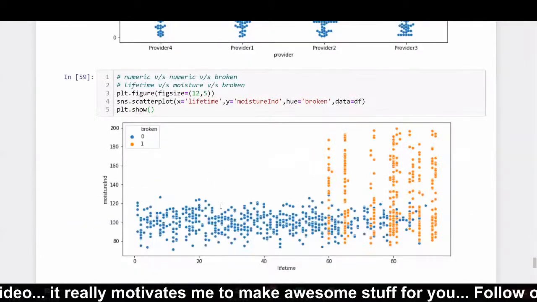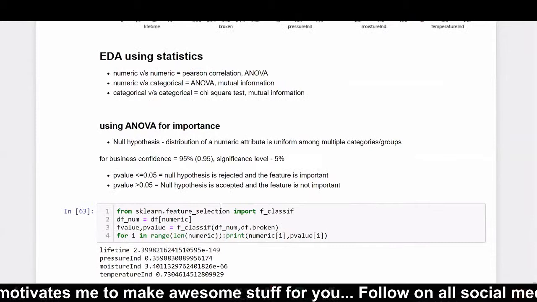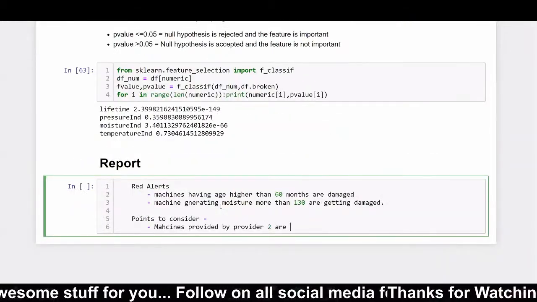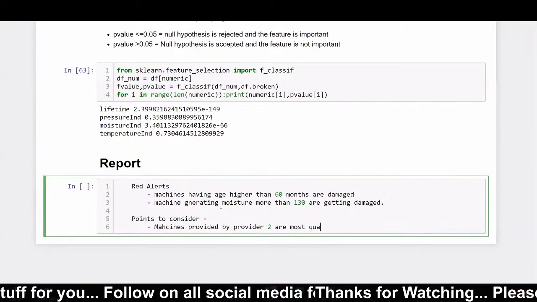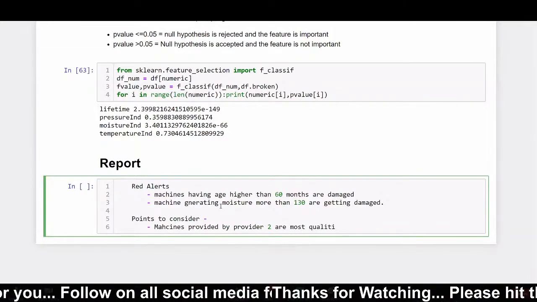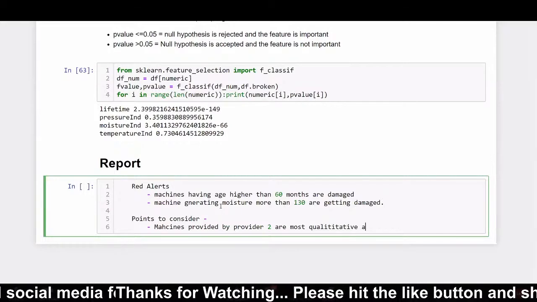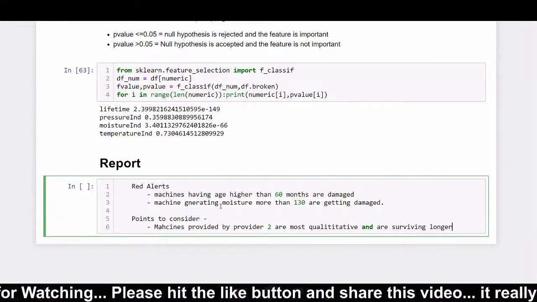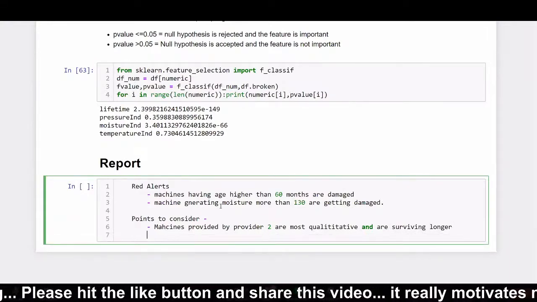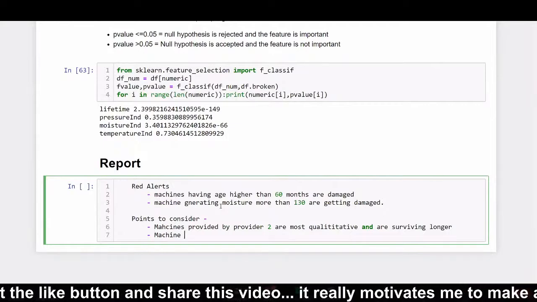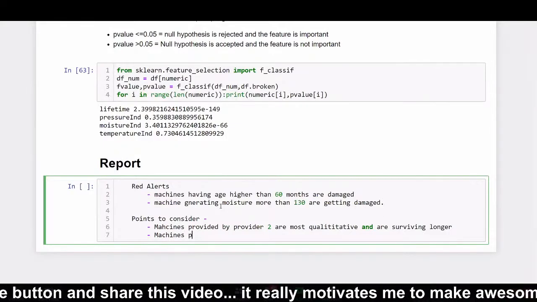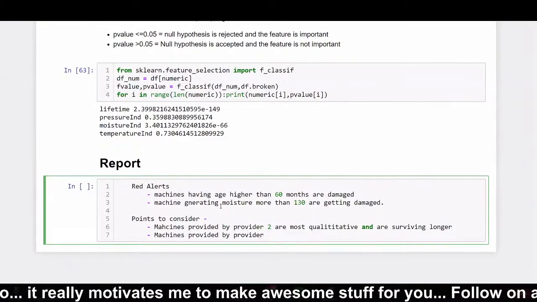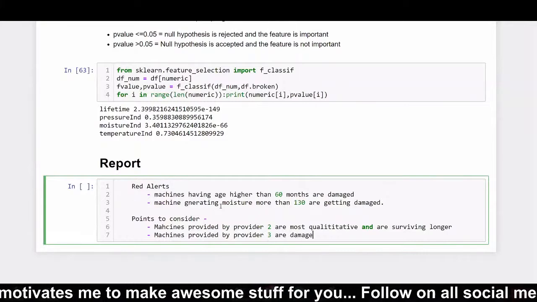So machines provided by provider 2 are most qualitative and are surviving longer, whereas machines provided by provider 3 are damaged early.